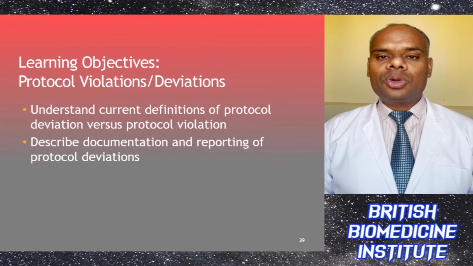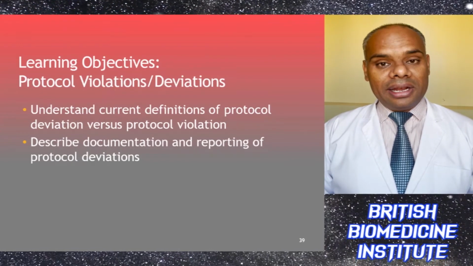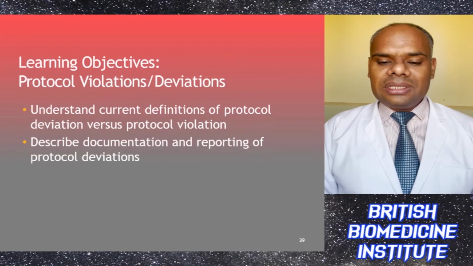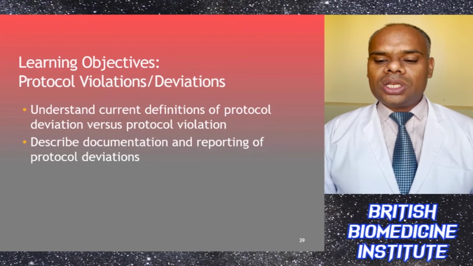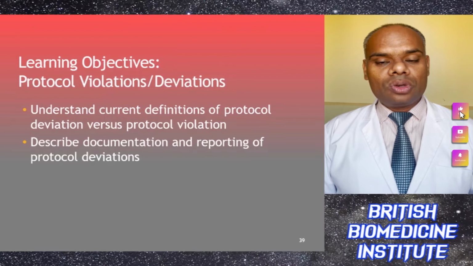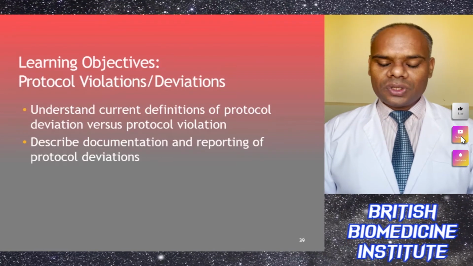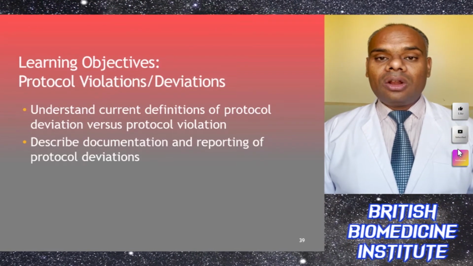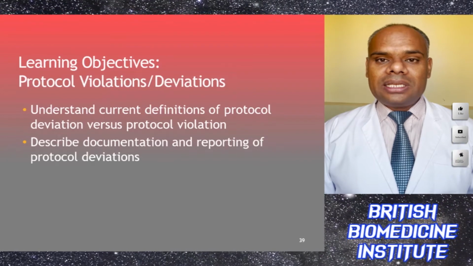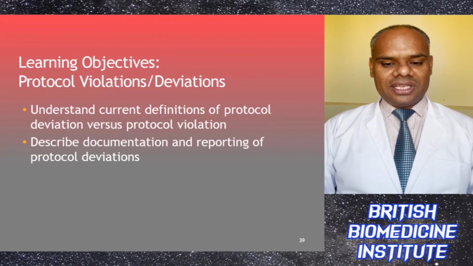So now comes the protocol deviation and violations. We must understand the current definition of protocol deviations versus protocol violations, so we can also describe documentation and reporting of protocol deviations.